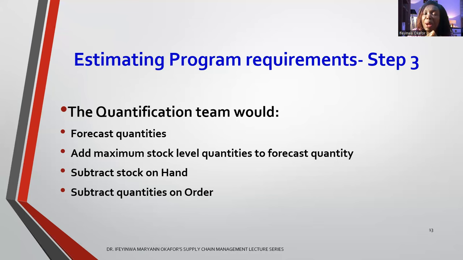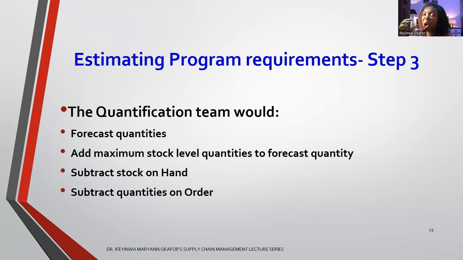So at the supply planning stage, what we do is get our forecasted quantity, and then we add maximum stock level quantities to the forecasted quantity. The forecasted quantity is obtained when we did our forecasting, using the formulas and data we used: consumption data, mobility data, demographic data, service data.